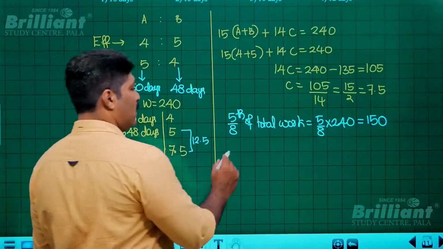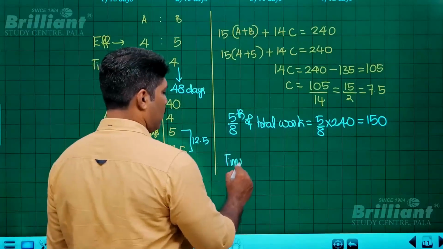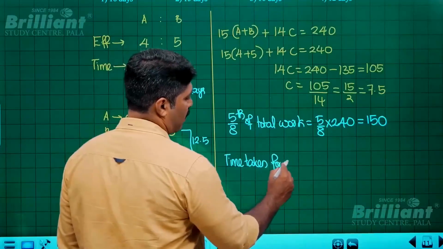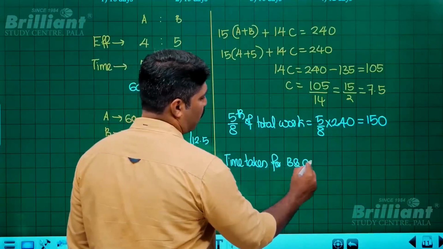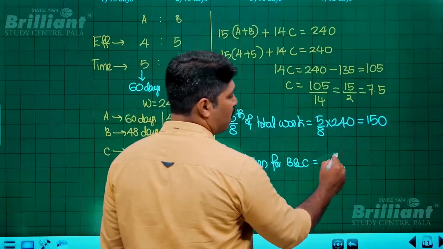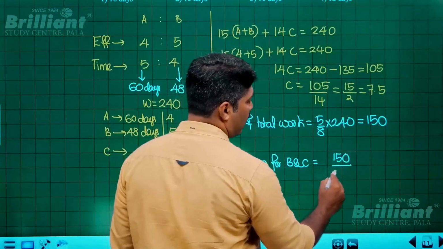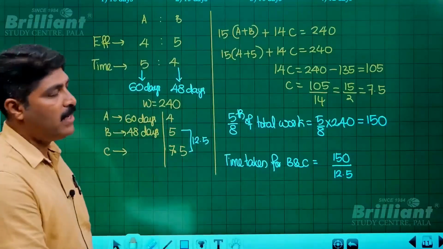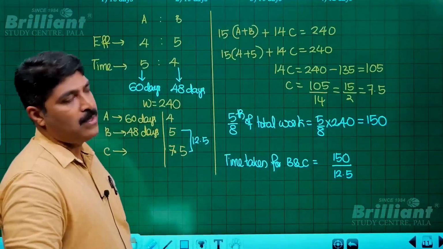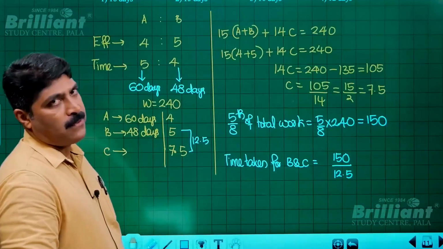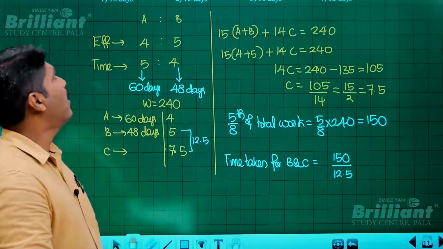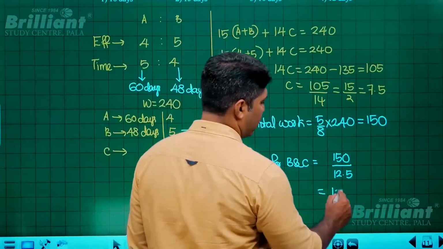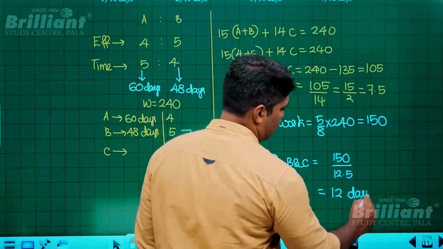So therefore, the time taken for B and C for the completion of this quantity of work is 150 divided by 12.5. So what will be the value here? That's equal to 12 days.